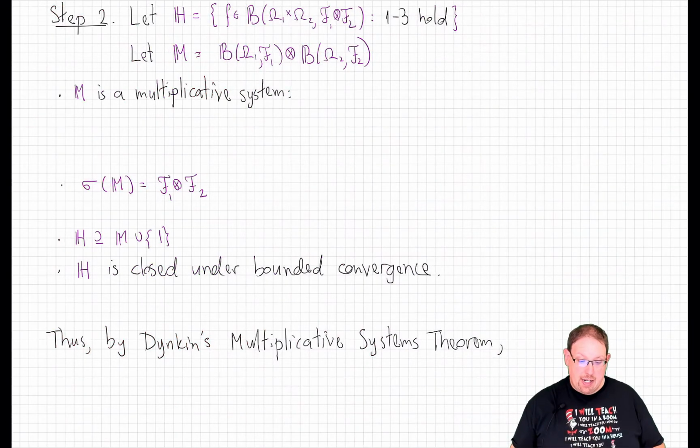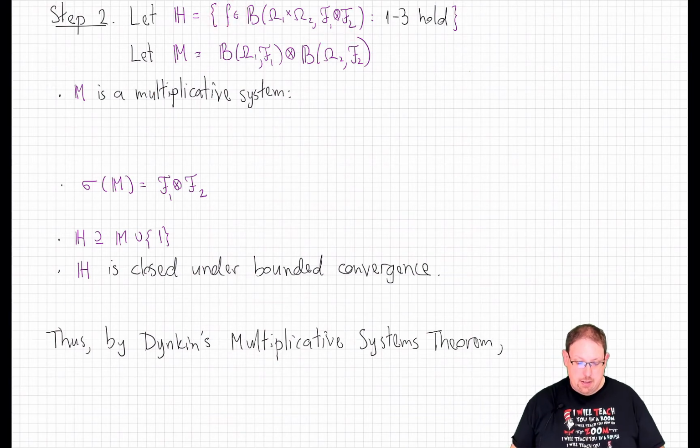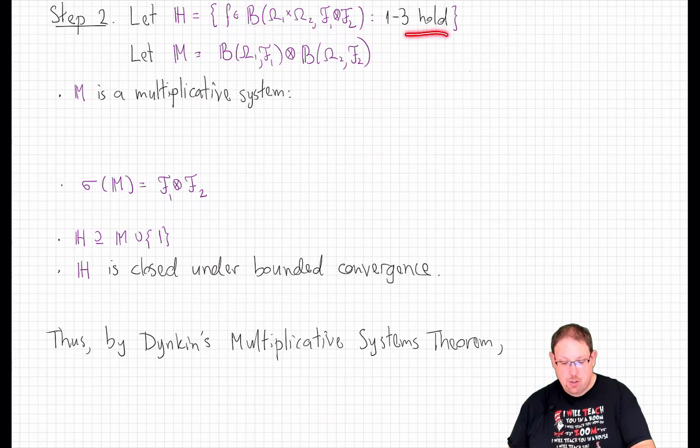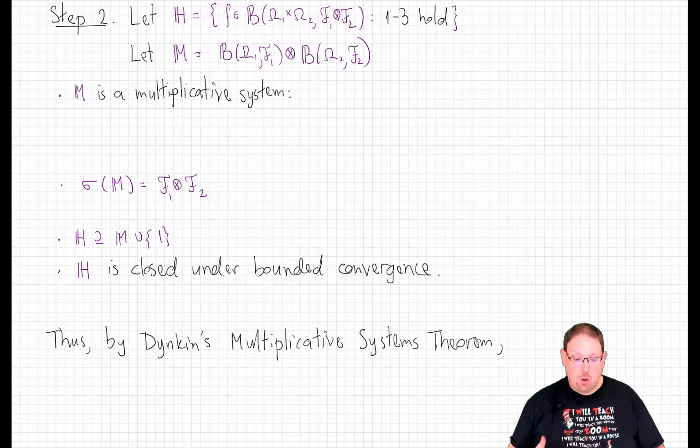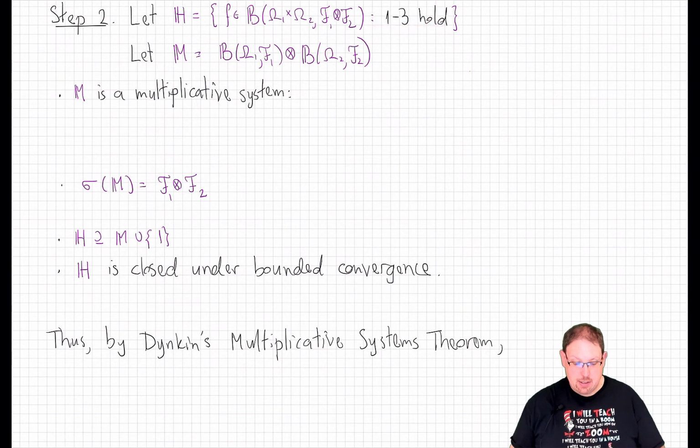Let's define H to be the set of all functions that are measurable with respect to the product sigma field and the Borel sigma field in the range, and bounded, for which the properties we want to show hold true. We would like to show that actually all of these satisfy these conditions.